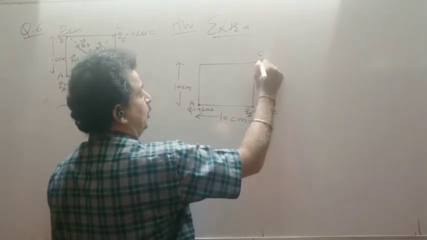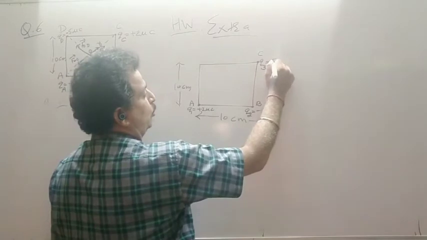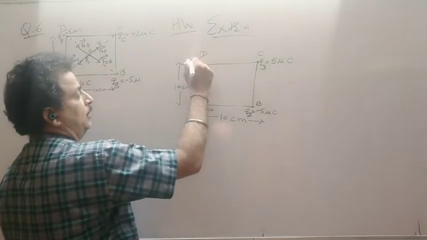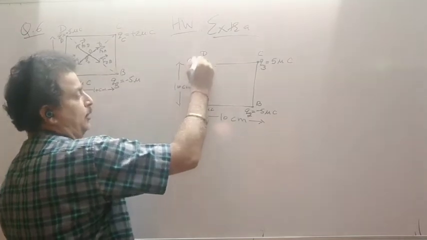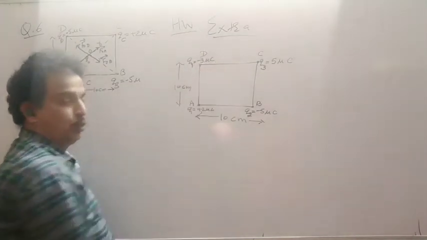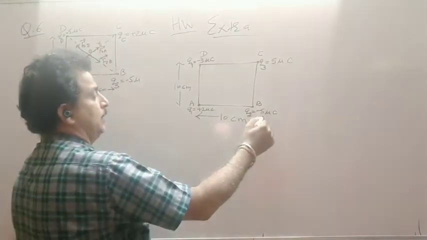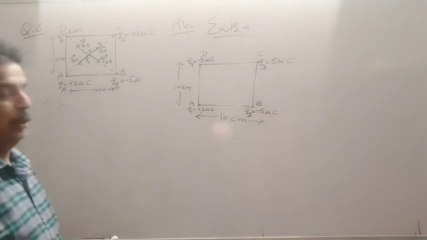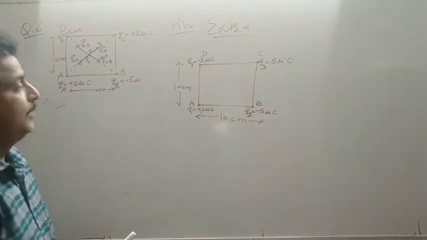At C, Q3 is equal to 5 microcoulomb. And at D, Q4 is equal to minus 3 microcoulomb. Now you see the diagonal values are changed. So now the resultant will not be 0.